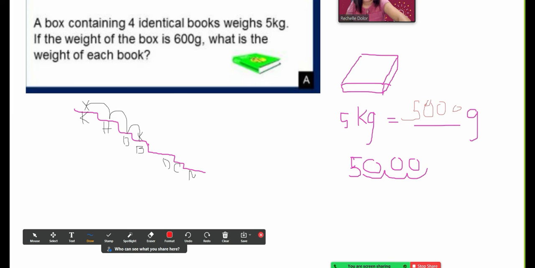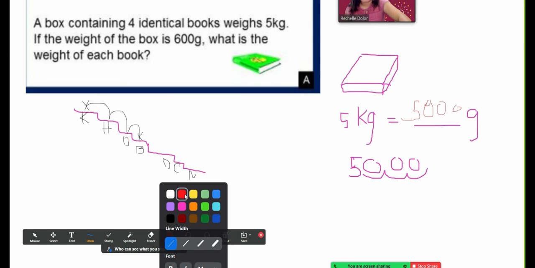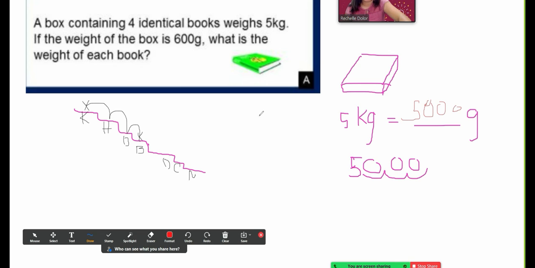Okay, so 4 identical books weigh 5 kilograms. If the weight of the box is 600, we need to find the weight of each book. So what do we need to do now? The box already weighs 600 grams. So what we need to do is subtract 5,000 minus 600, right? Because we need to take off the weight of the box.